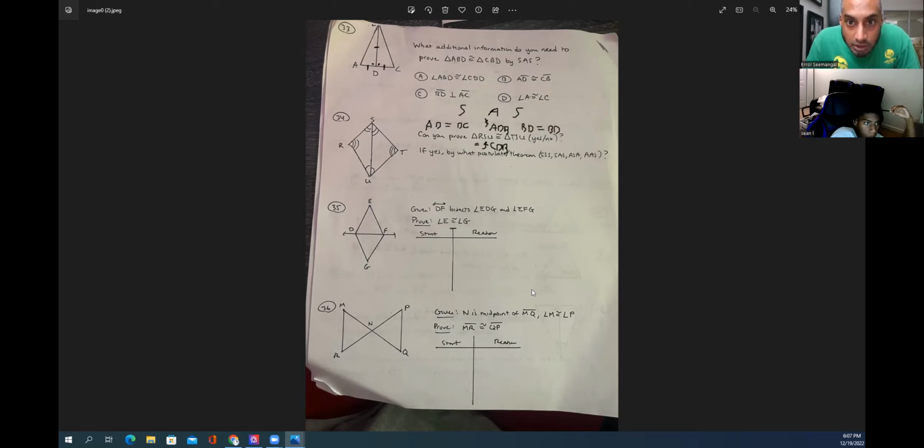What is this one? AB is congruent to CB. Angle ABD is congruent to CBD. CBD is perpendicular to AC. Yeah, that one right there.